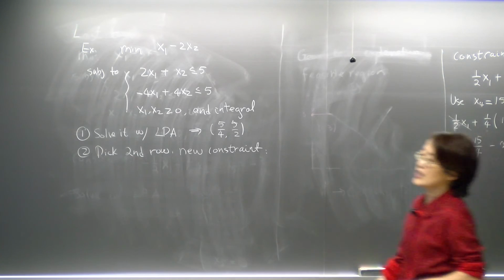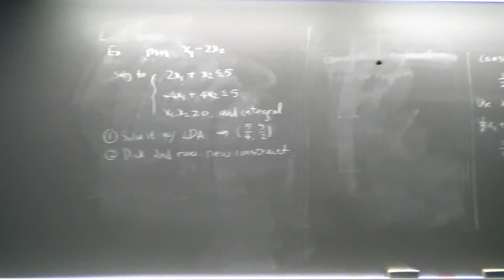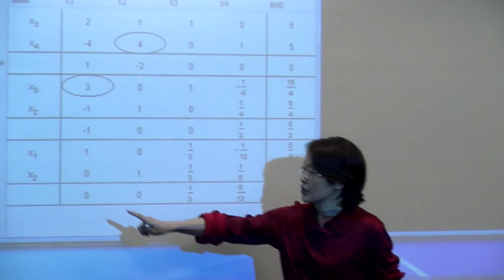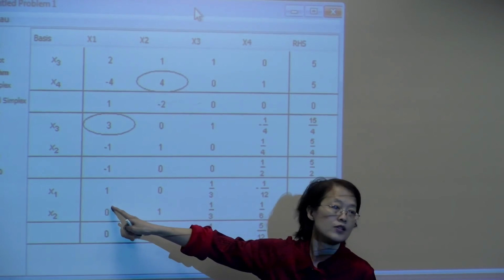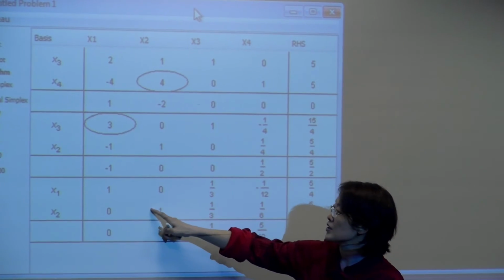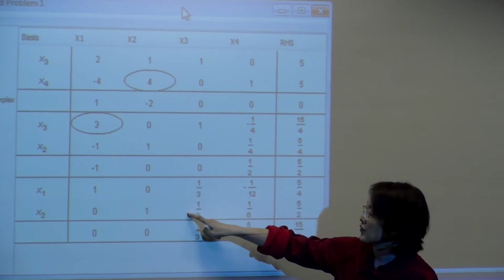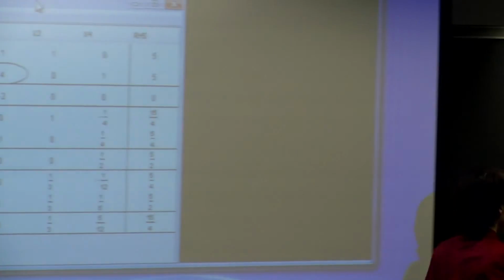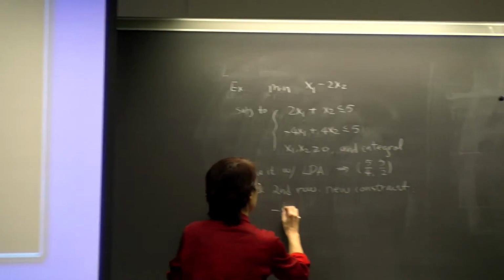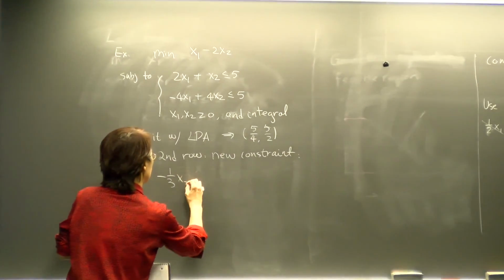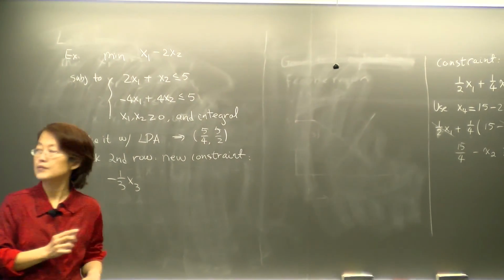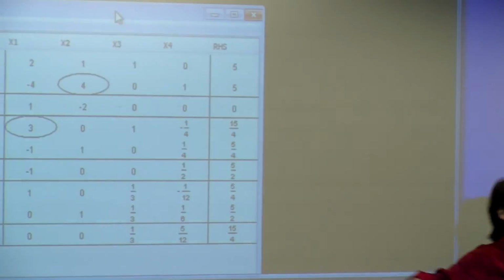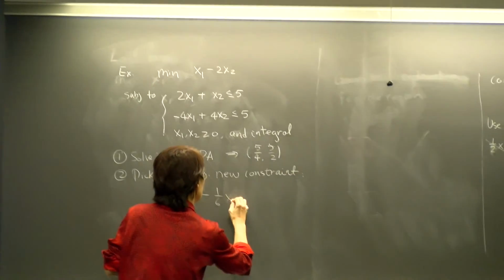If I take the second row in the tableau, the fractional part of this is 0, of this is 0, of this is 1/3, and that one I take. I need to make that negative, so I have negative 1/3 in front of x3. Is that right? And then the fractional part of this is 1/6 in front of x4, so negative 1/6 x4.